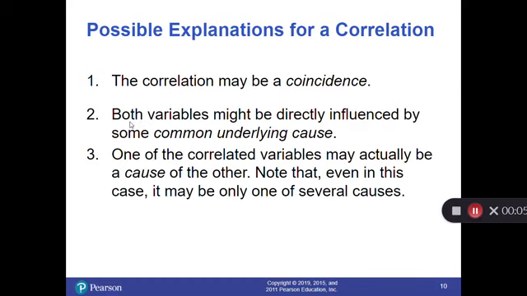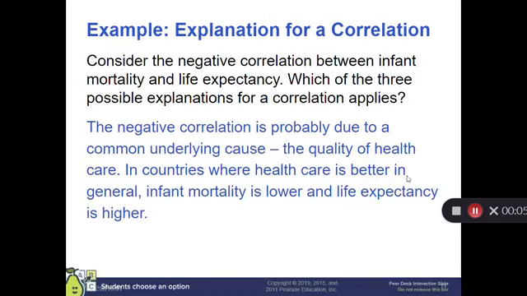Another thing that could happen is that they both look like they're causing each other, but it's really because they have a common underlying cause. We're going to see examples of that in a minute. And the third thing that could happen is that one of the variables really is the cause of the other. So we need to ask ourselves whether there's causation or if it's just correlation.